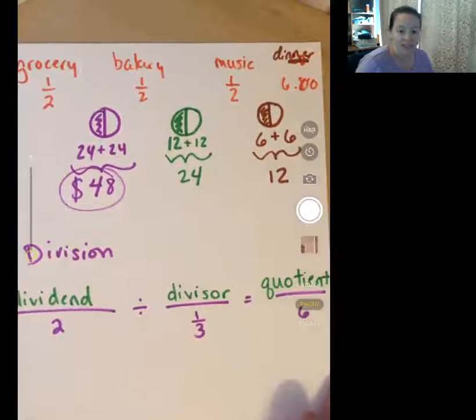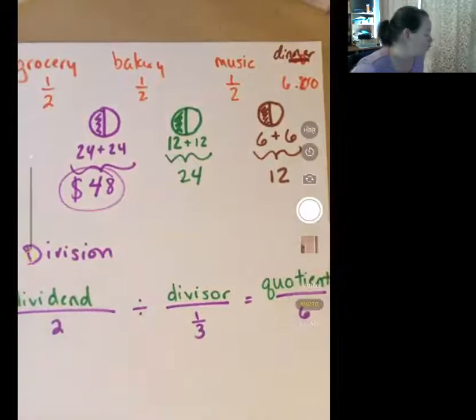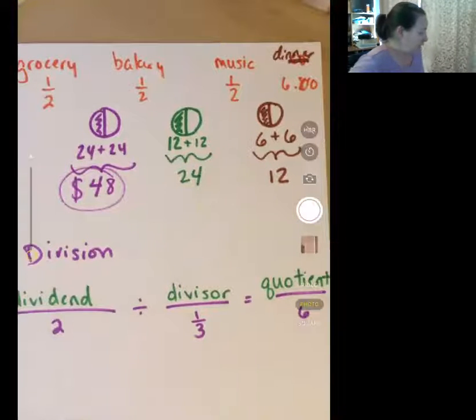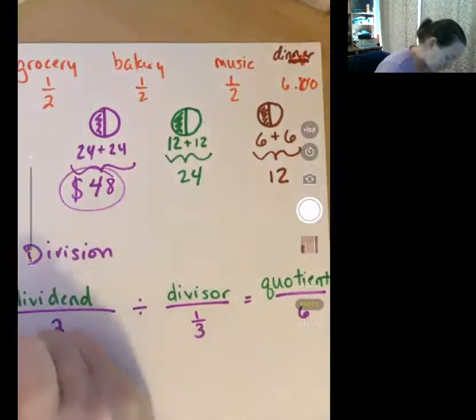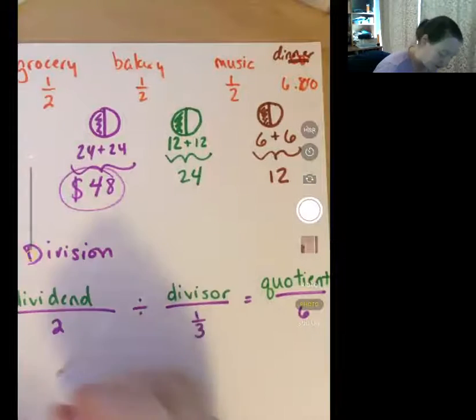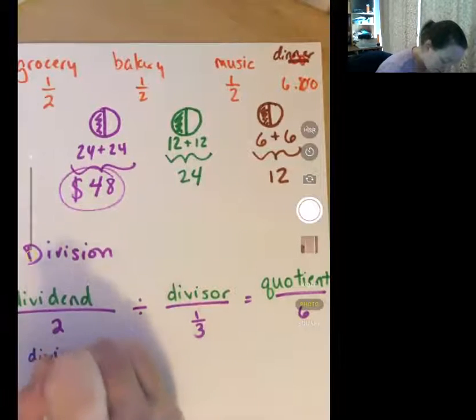So dividend divided by the divisor is equal to the quotient. Down at the bottom, the number that divides the dividend is the divisor.